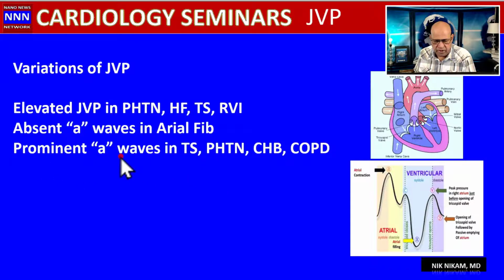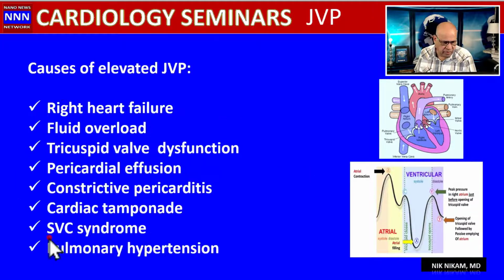Sometimes we see prominent A waves in patients with tricuspid stenosis, pulmonary hypertension, complete heart block, or chronic obstructive pulmonary disease. Here are some of the conditions that we need to keep in mind when we are talking about elevated jugular venous pressure. Right heart failure, fluid overload, tricuspid valve dysfunction, namely tricuspid stenosis, pericardial effusion, constrictive pericarditis, tamponade, superior vena cava syndrome, and pulmonary hypertension.